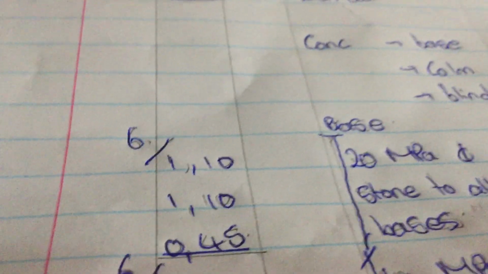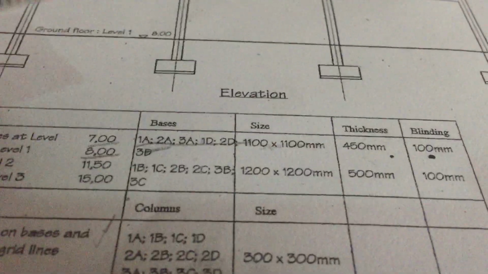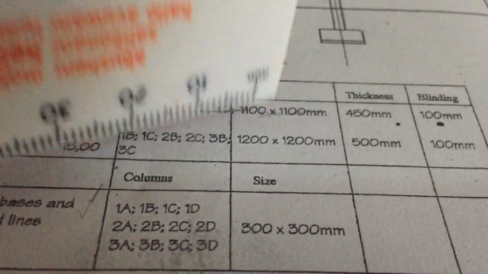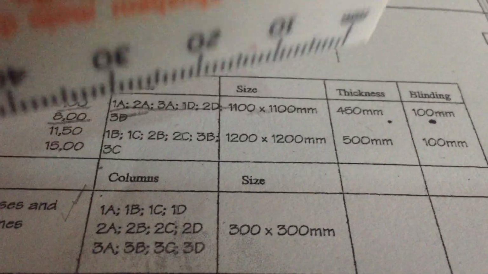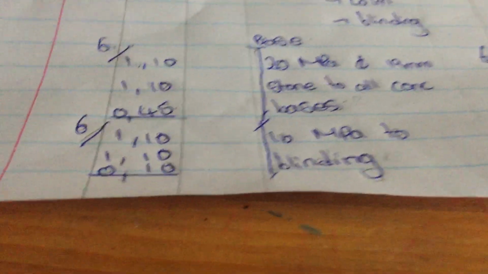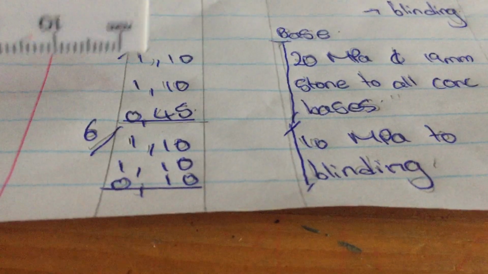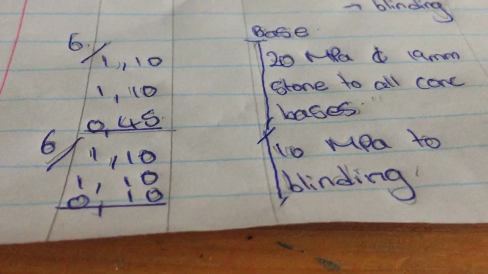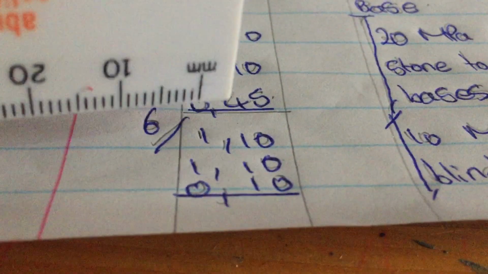So how do we measure the bases, guys? Remember, the size of our bases we were given already on the schedule is 1100 by 1100 millimeters, and the thickness of them is 450. So you just take those dimensions like that, and then you come and book it here. So the base is 1.10 by 1.10 by the thickness, which is 0.45.